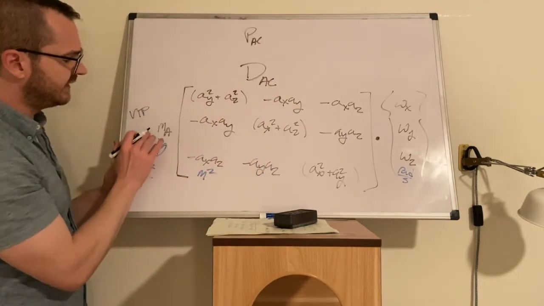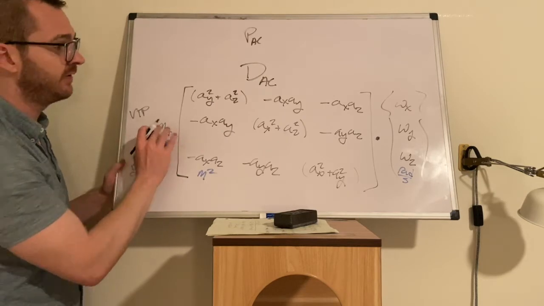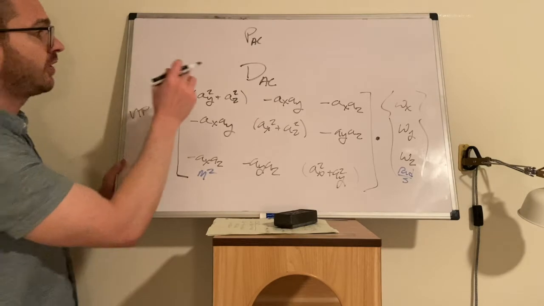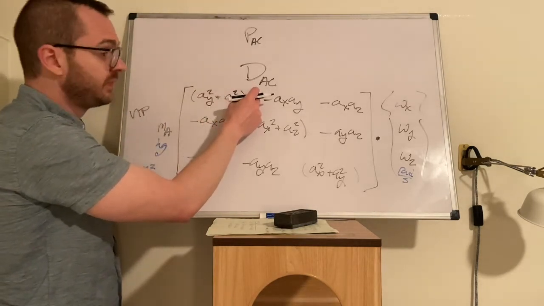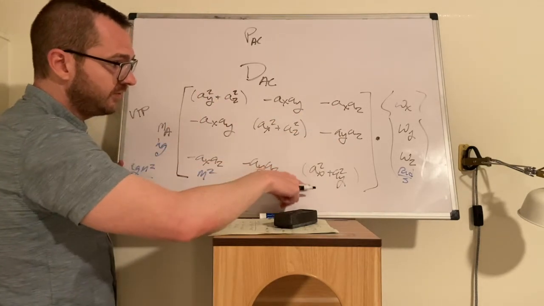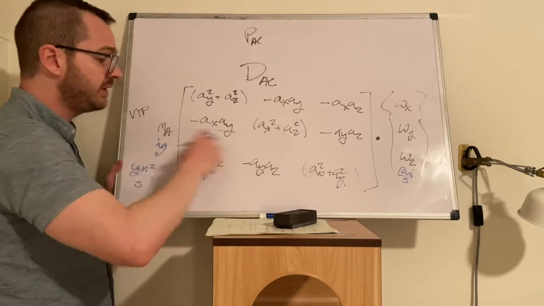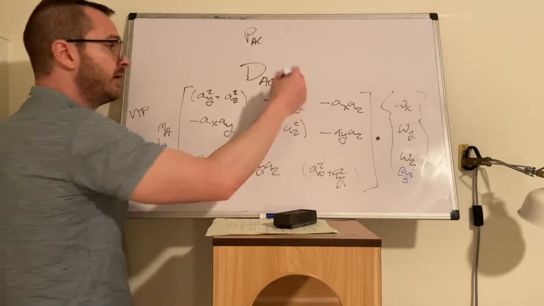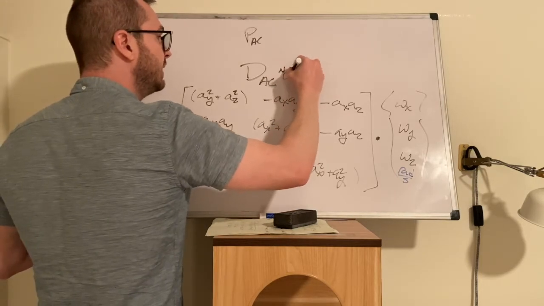And DAC does contain the MA. So the MA is distributed to all of these individual terms. This is called a displacement dyadic. So it has the same dimensions as your inertia. It has the same units, kilogram meter squared. And we're going to take DAC and we're going to dot it with omega in A.